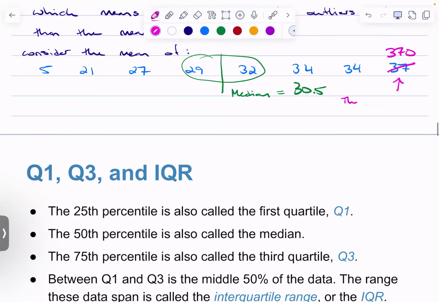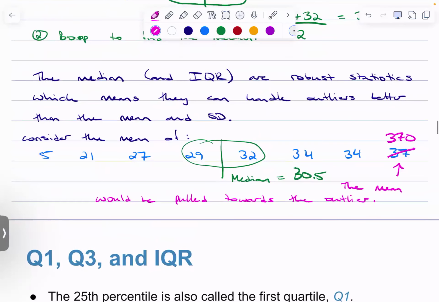The mean would be pulled towards the outlier. So that's the reasoning behind using the median versus the mean for non-normal data. Okay.